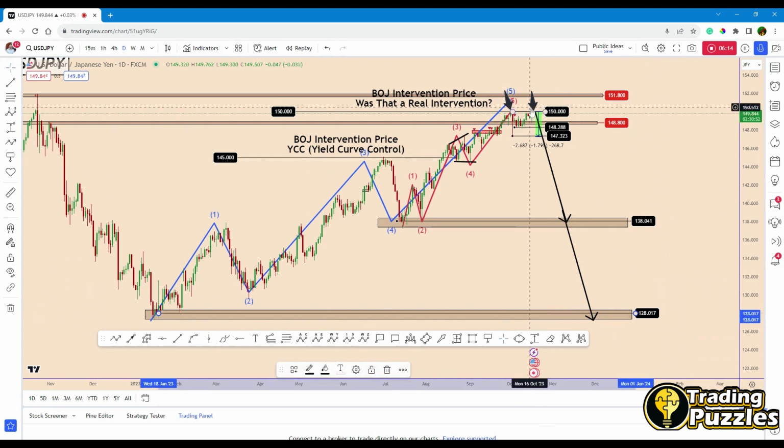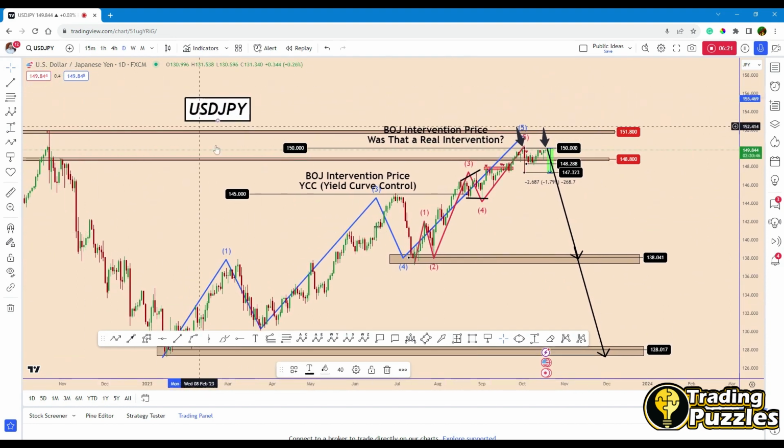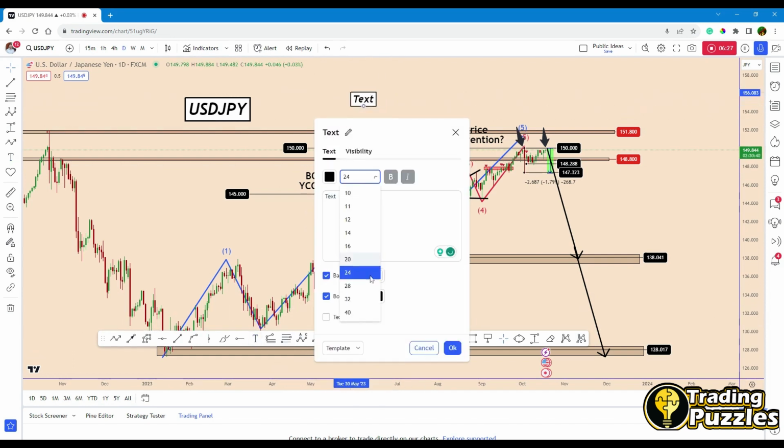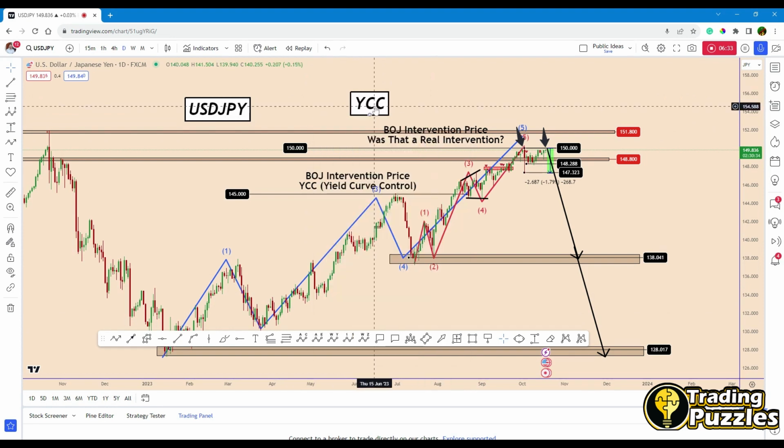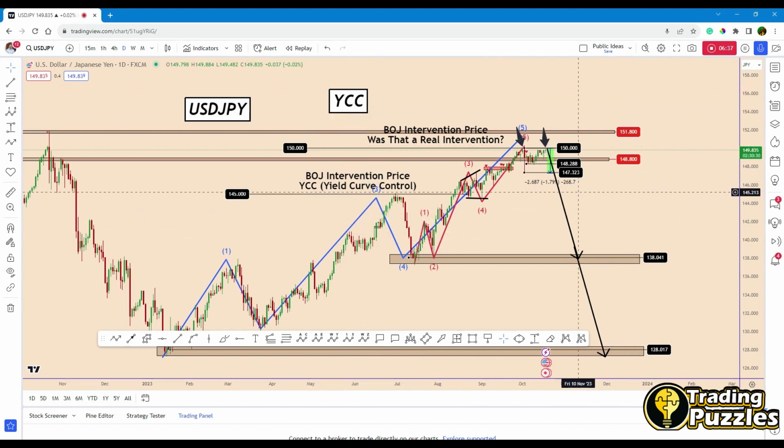However, the bigger movement that I'm looking at will not happen if the Bank of Japan does not make changes to the yield curve. So we need the Bank of Japan to intervene in the market, and they should modify the yield curve control. So they should change the yield interest rates as they promised before.